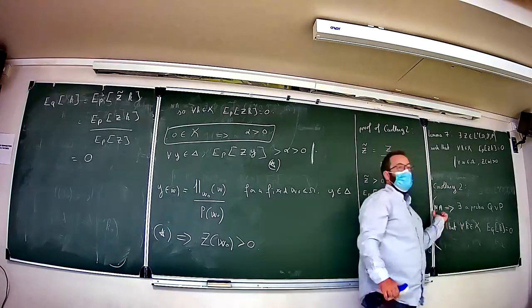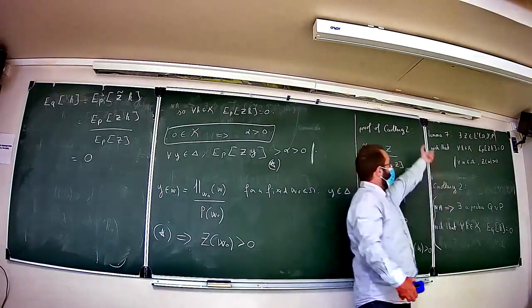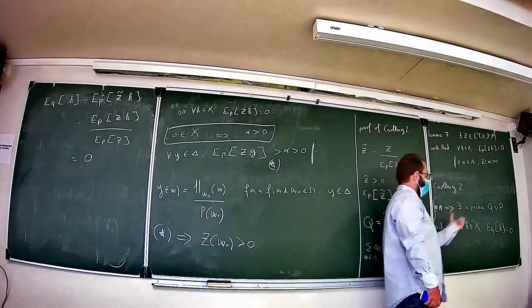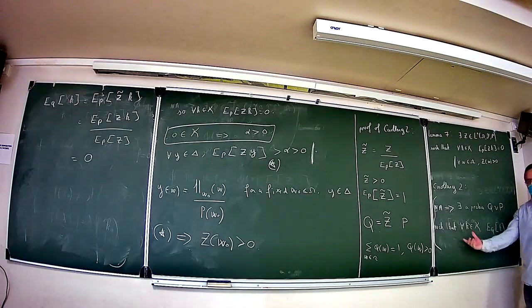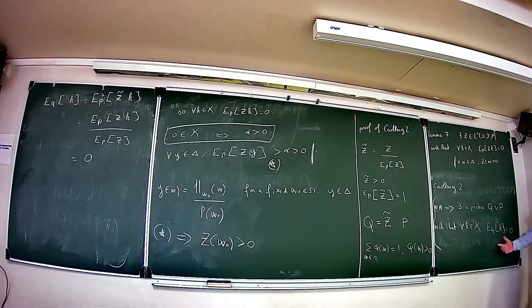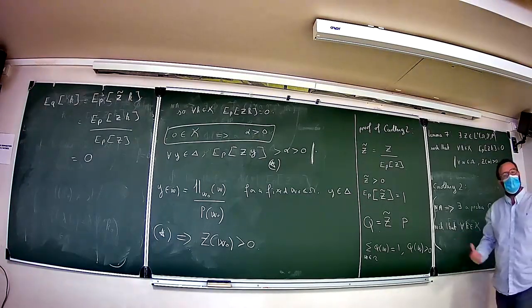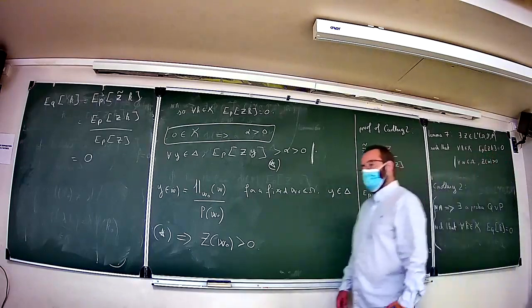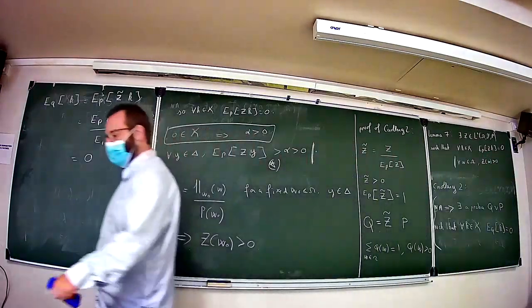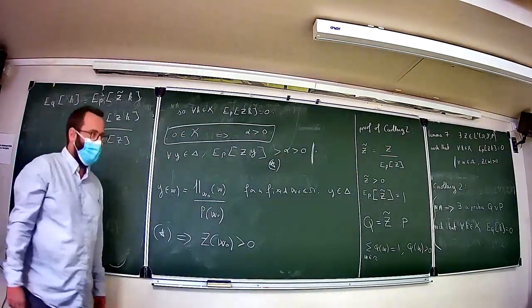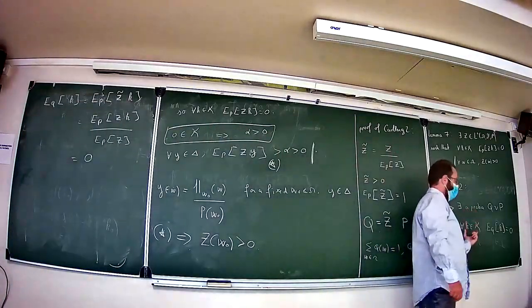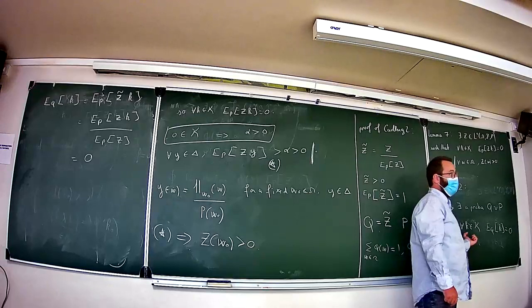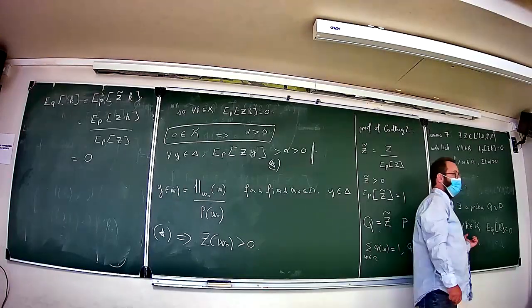If NA is fulfilled, as a consequence of the lemma 7, there exists a probability Q equivalent to P in such a way that the expectation under Q of any element in calligraphic K is equal to 0. And you are going to see now that if I have a probability equivalent to P that fulfills this one, in fact, it's an equivalent martingale measure.